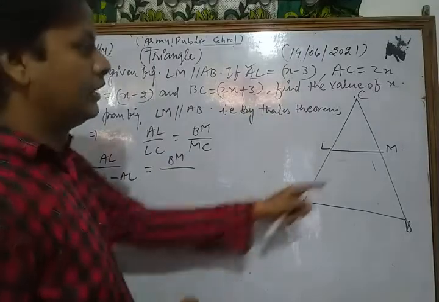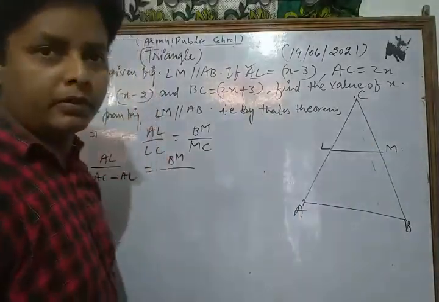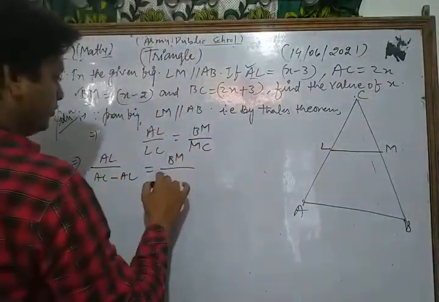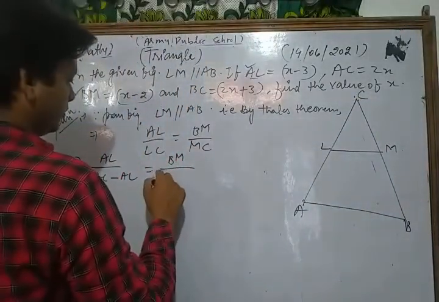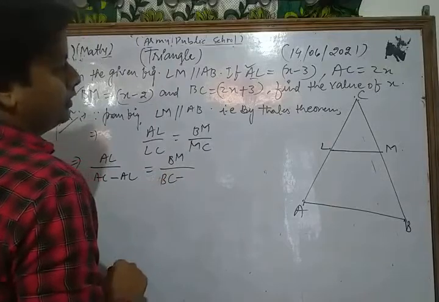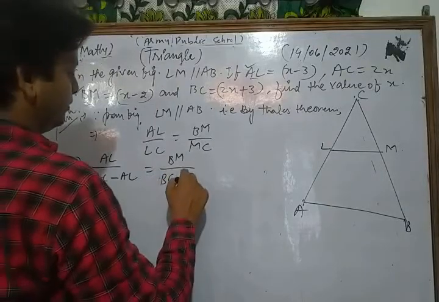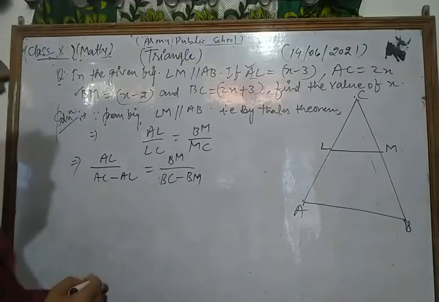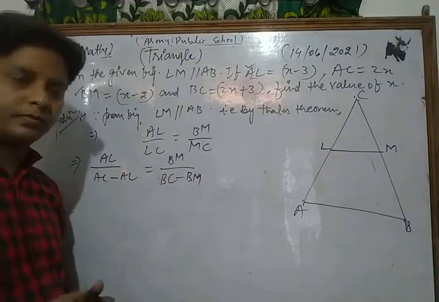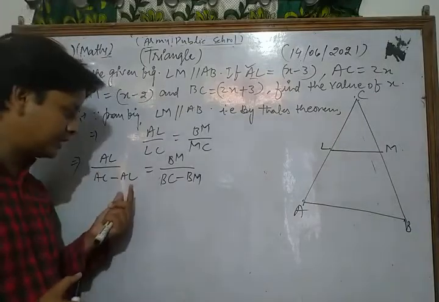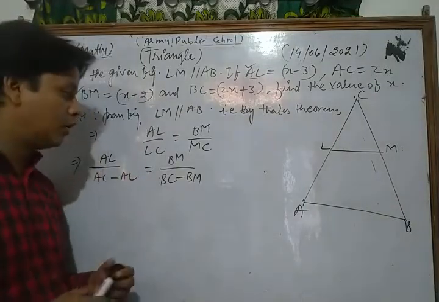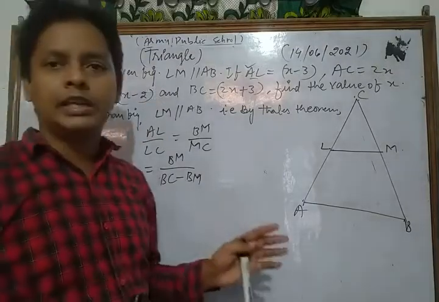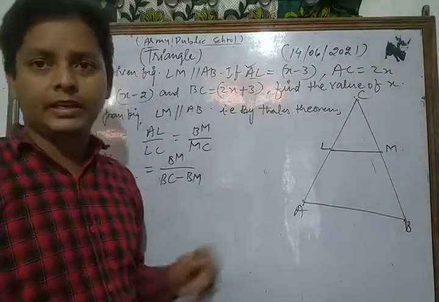Now MC, from the help of the figure, we can write as BC minus BM. So in this way we form an equation: AL upon AC minus AL is equal to BM upon BC minus BM. Now we put each and every value in that expression and simplify.